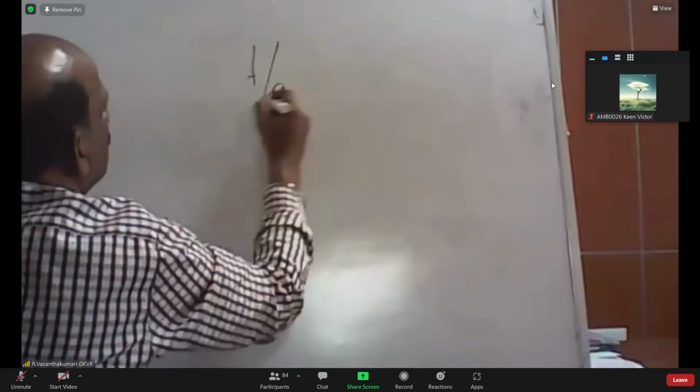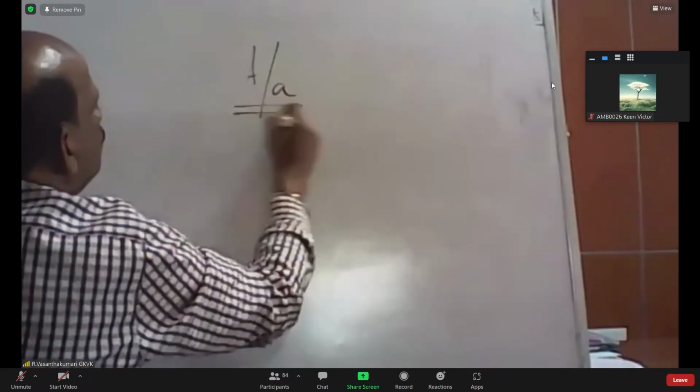Now, there are different ways of symbolizing genes or alleles. Either what we were doing, we used uppercase and lowercase. What is the meaning of uppercase? Dominant. Capital.